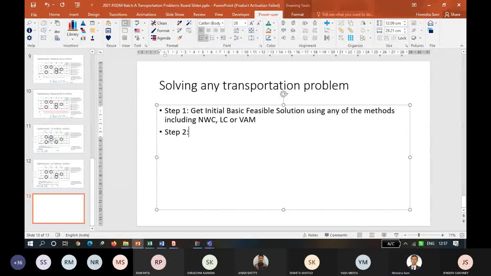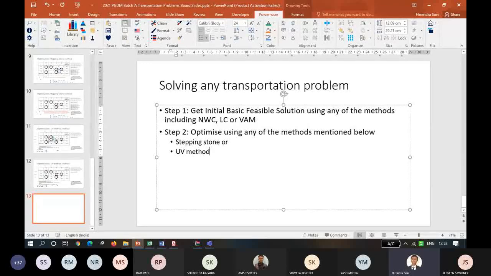Step 2, optimize using any of the methods mentioned below: first, stepping stone or UV method.